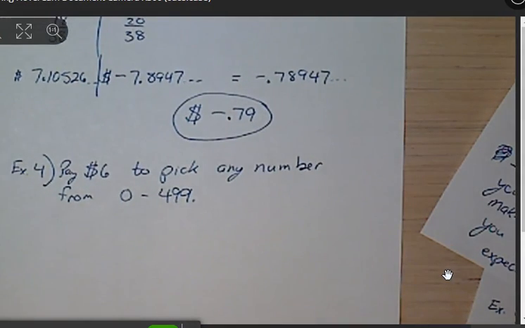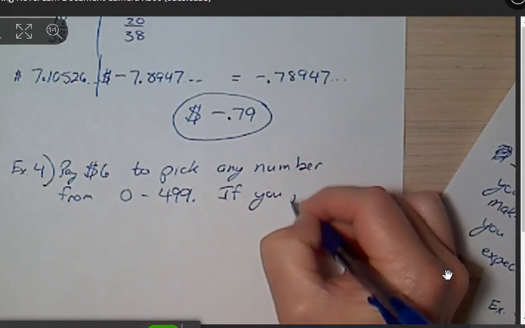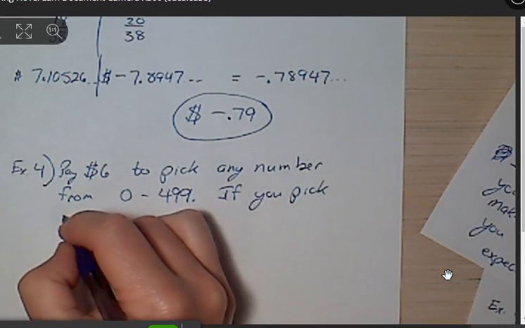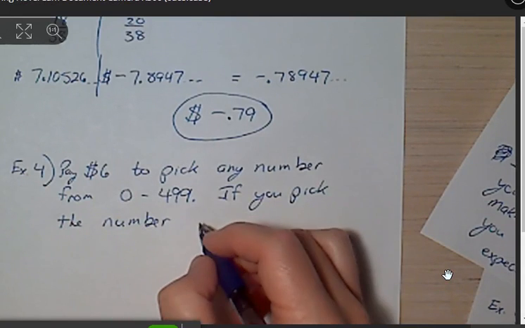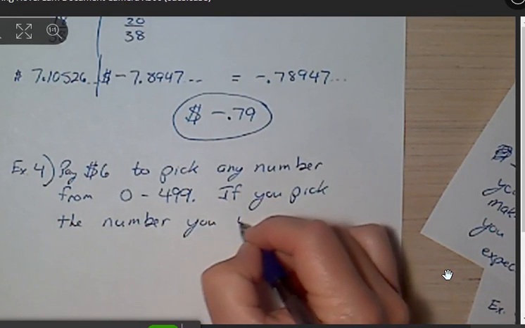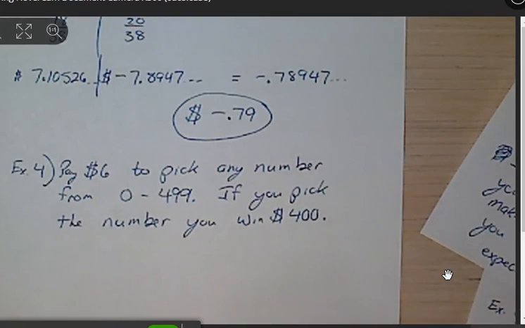Now, they can have a giant spinner, they can have whatever it is. So you pick one number between 0 and 499, you put the $6 bet on that. If you win, you get $400. Of course, if you don't pick the number, then you just lose $6.